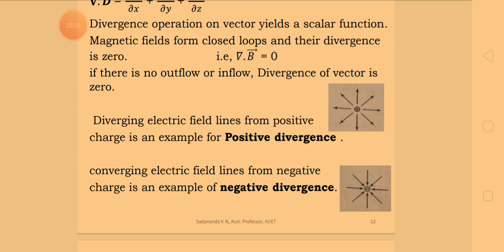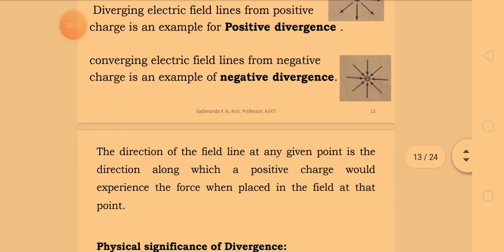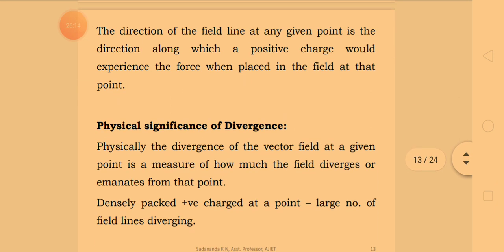You can see the figures with the positive and negative charges. From the positive charge, the electric field lines diverge from that particular charge, whereas in the negative charge the field lines are coming to that particular point. We say it is converging. So we have seen positive divergence and negative divergence.